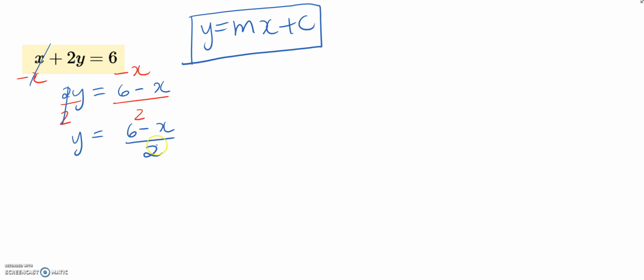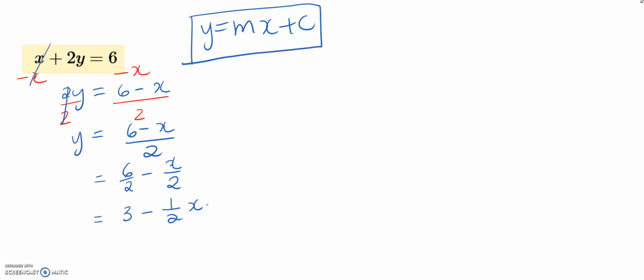It's in a different form. Now let's break down this fraction. (6 minus x) over 2 is the same as 6 over 2 minus x over 2, because both x and 6 have the same denominator. Now, 6 over 2 is 3, and x over 2 can be written as just half x.